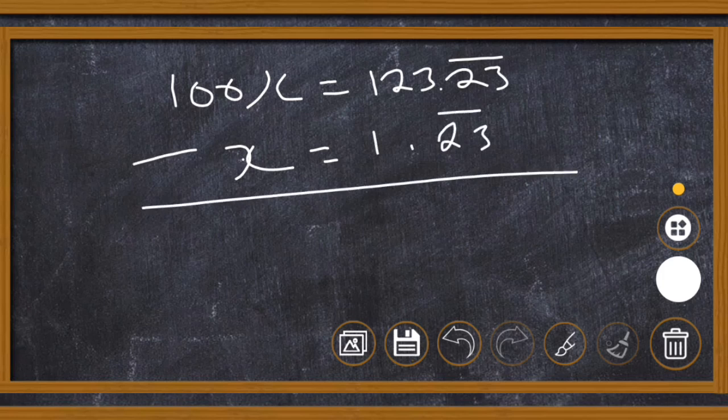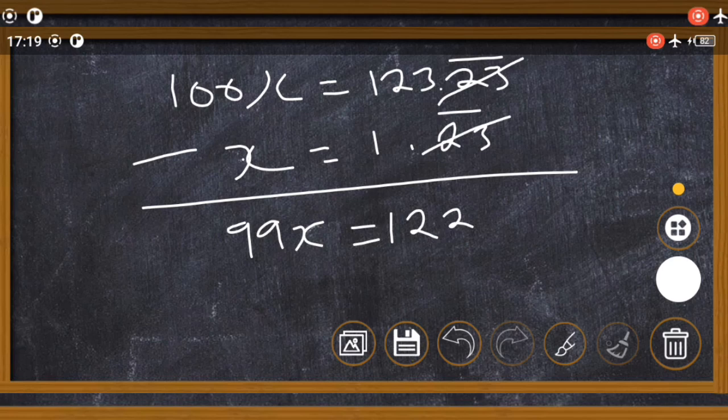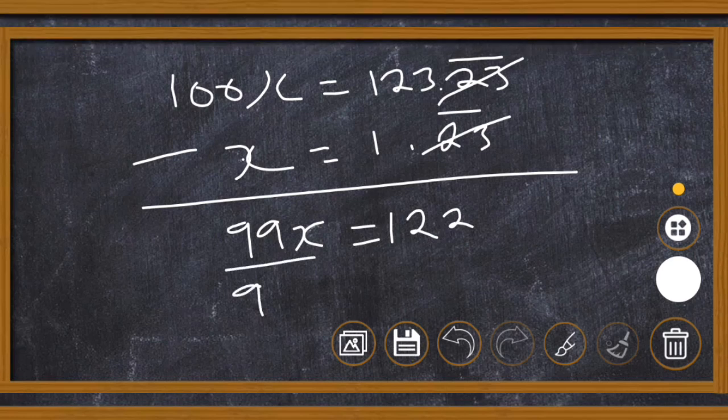Then we subtract. So 100x minus x, it's 99x equal to 123 minus 1. Okay, it's 122. And then this will cancel each other. So here we are just going to remain with 99. Even here, 99.